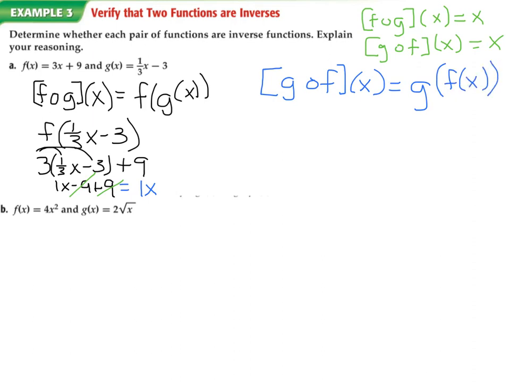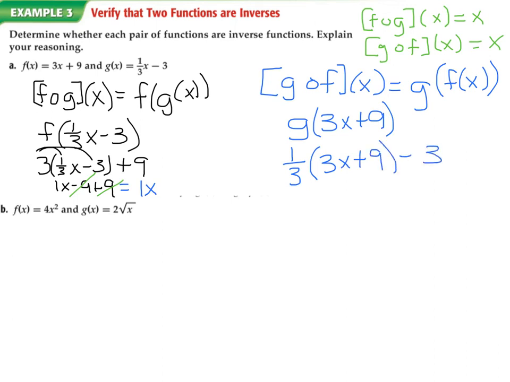We're going to be plugging in 3x plus 9 for that f of x. Then, in my g of x function, anywhere there's an x, we plug in 3x plus 9. So we have 1/3 times 3x plus 9, minus 3.